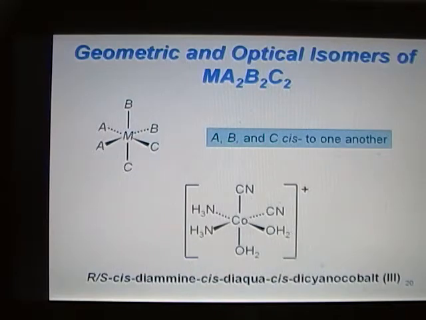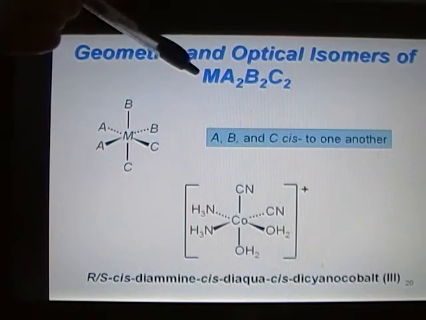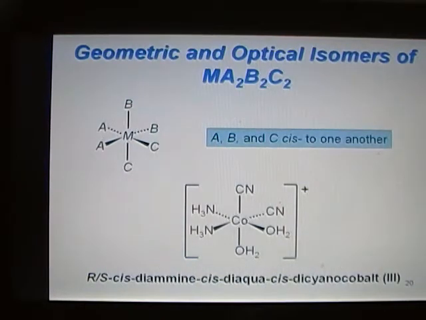When you have three different ligands that are all cis to one another in a compound with this formula, it must become an optically active isomer. To note that it's optically active, we use the RS nomenclature. So the correct name for the two compounds formed from this are RS cis-diamine, cis-diaqua, cis-dicyano-cobalt-3.